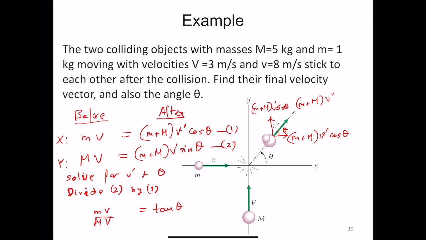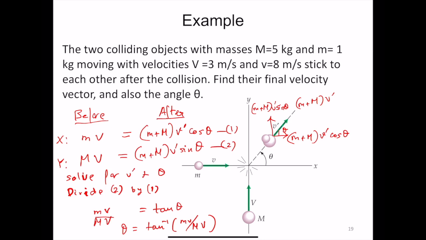So you can easily solve for theta from there: theta is equal to tan inverse of capital M capital V divided by little m little v. And you've found the angle. Once you have the angle, you can plug it into either of those two equations and solve for v prime. So that's one way of doing it.